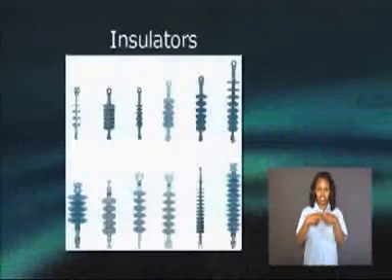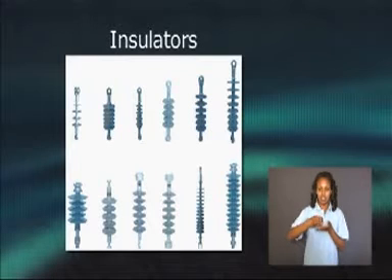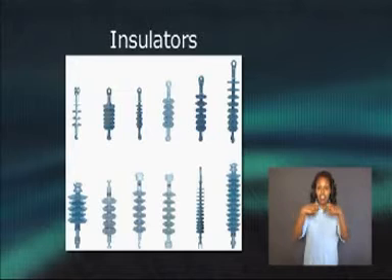Let us begin. In Unit 3, remember that we learned that materials can be divided into 3 classes based on their ability to conduct electricity. Insulators, such as glass, rubber, and plastic, do not conduct electricity.